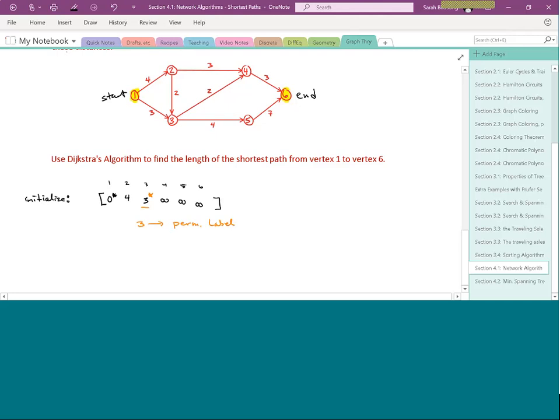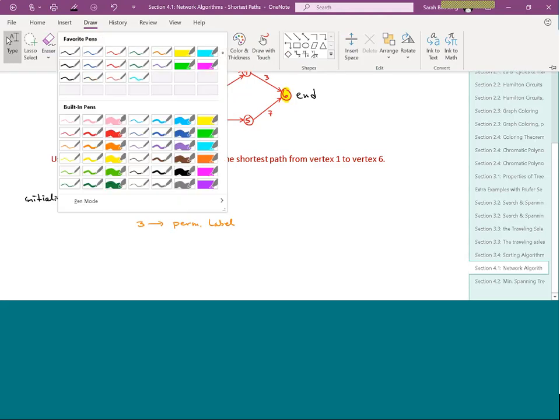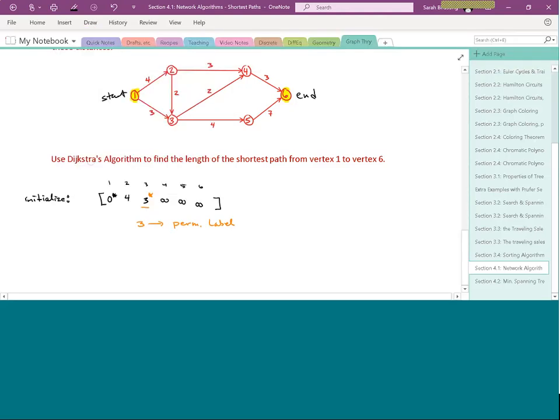Okay. Now, once we went ahead and were at 3, what happens? Well, you look at 3 right here. And I'm going to go ahead and highlight this, but I'm going to highlight it in a slightly different color. Not really a highlighter, which is why I was trying to be careful with that line. Okay, so we're currently looking at 3. You look at all of the vertices that are adjacent to 3.